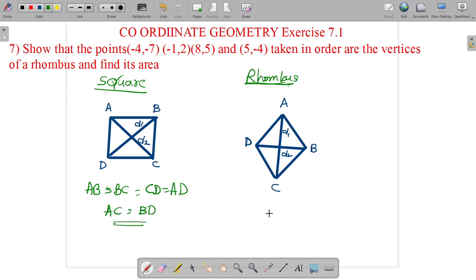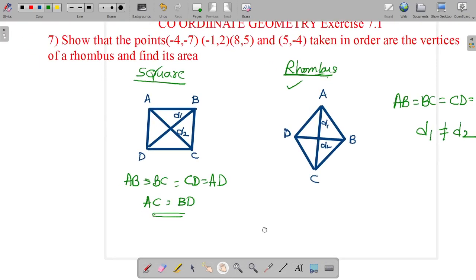In a rhombus, AB is equal to BC is equal to CD is equal to AD, but diagonal 1 is not equal to diagonal 2. That is the only difference. Okay, let's go to the question.